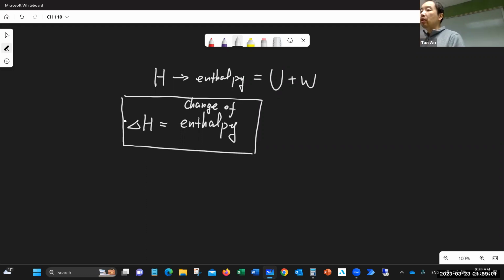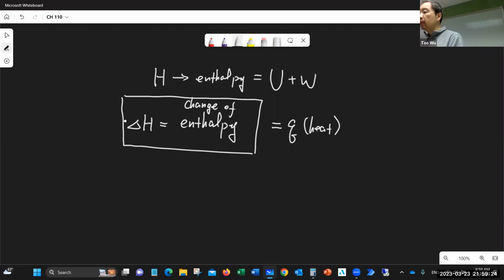But you need to understand enthalpy is just the overall internal energy plus work. But the change of the enthalpy is much easier because the change of enthalpy is just equal to heat.